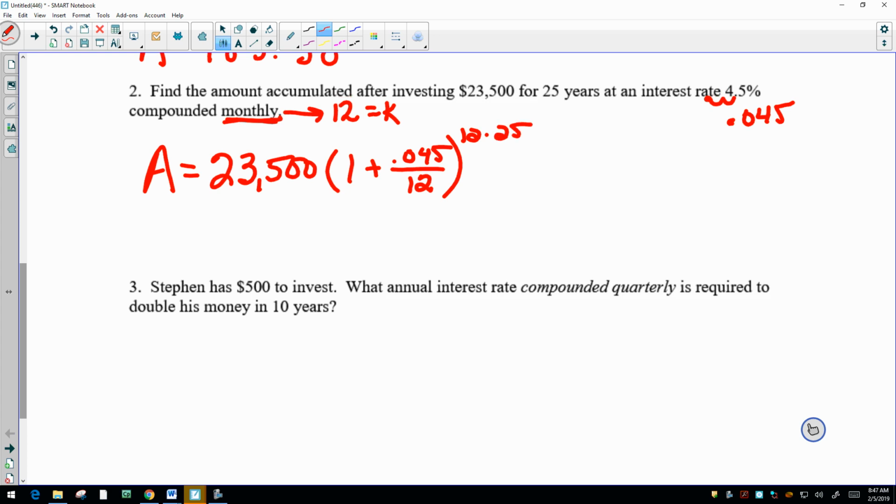And again, here's another plug and chug. You can just plug this right into the calculator, keeping in mind this is money, so hundredths for the rounding, and we get $72,232.95. And I would encourage you to please try this on your calculator and make sure that you're getting the same answer that I'm getting, so that we know that we're typing this in correctly.